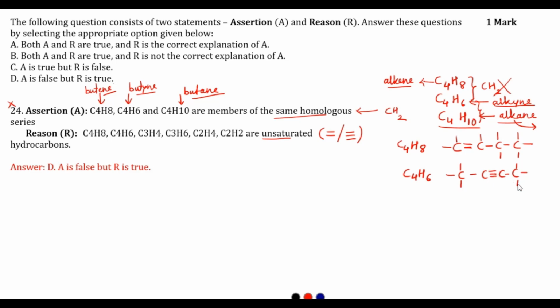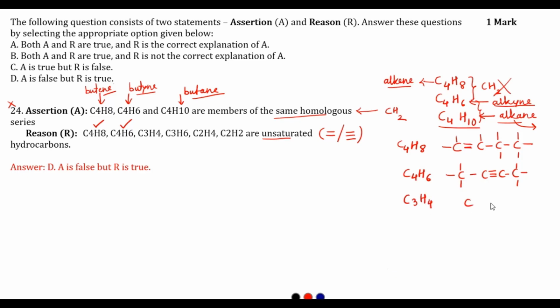Now let me see whether carbon valence is balanced or not. This carbon has 4 bonds, this carbon has 4 bonds, this carbon has 4 bonds, this is also having 4 bonds. This is having a triple bond, so this is also unsaturated. Now come to C3H4. Let me draw here C3H4.